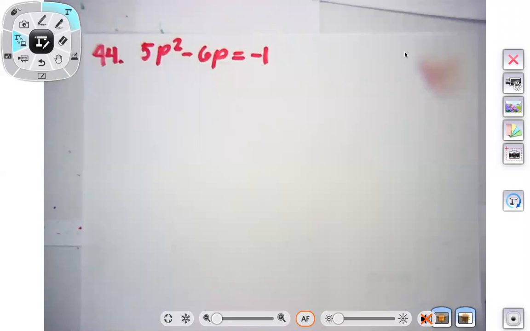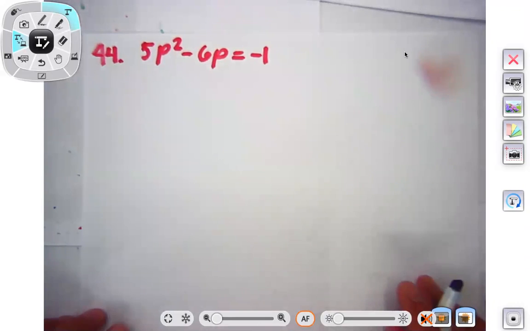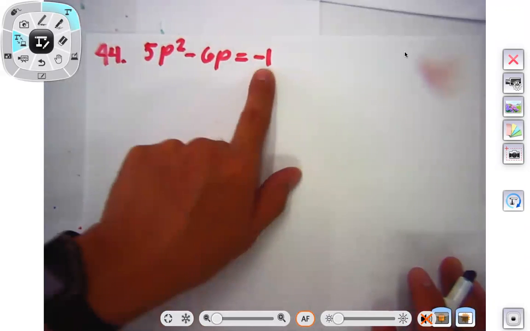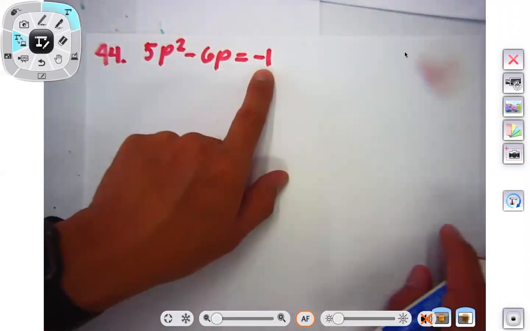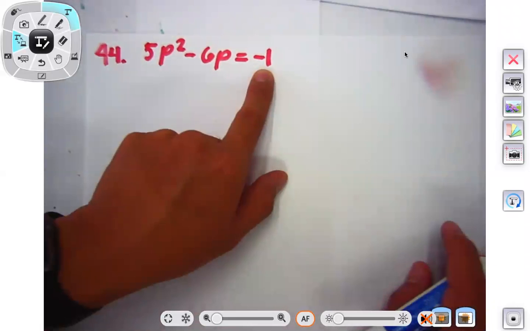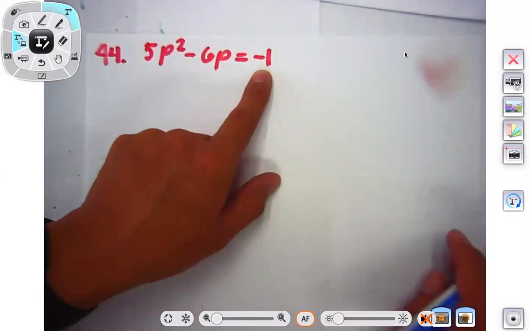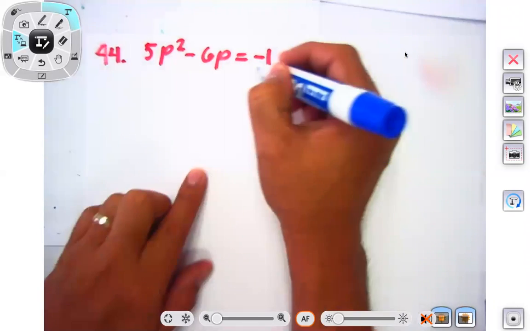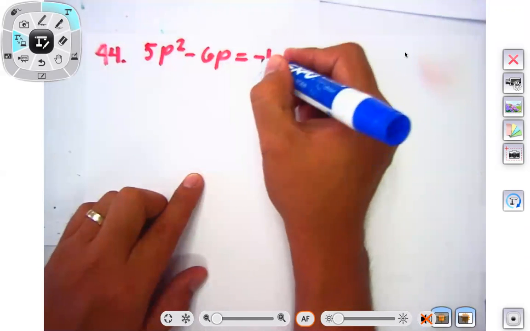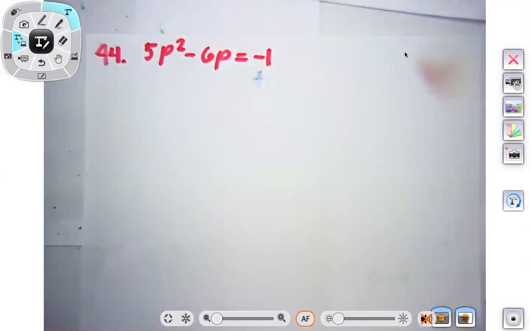You have 5p squared minus 6p equals negative 1. You know that this one is not in standard form. We need this side to be 0. So we add 1 to both sides. Let's do that. It's going to be plus 1, plus 1.